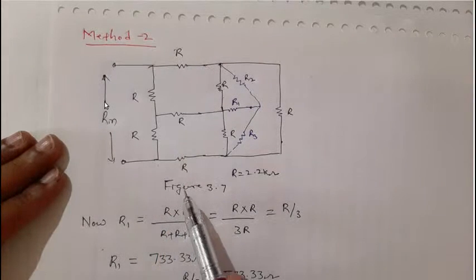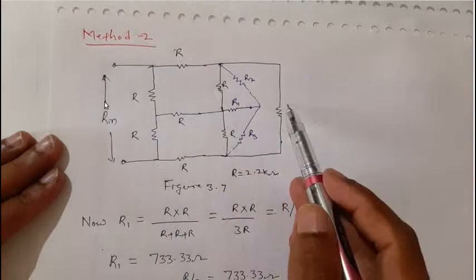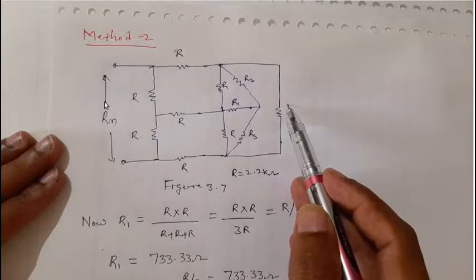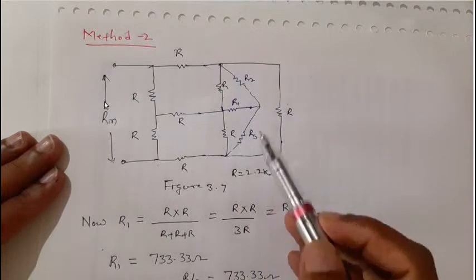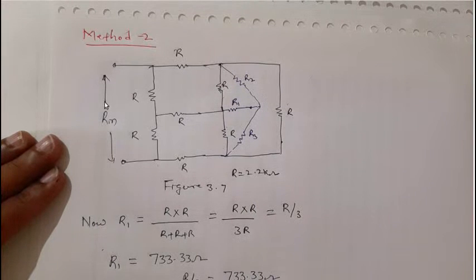R will be as it is, and this R will not be there, okay. And now these 3 resistors are converted back.